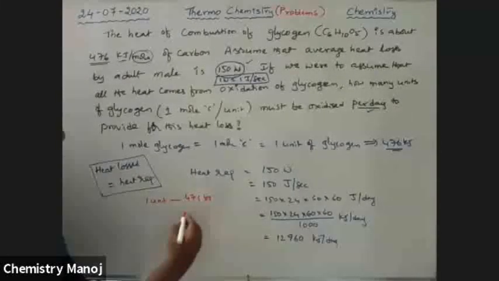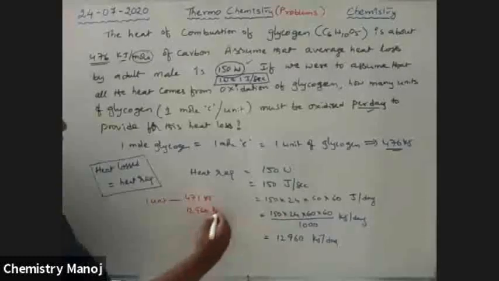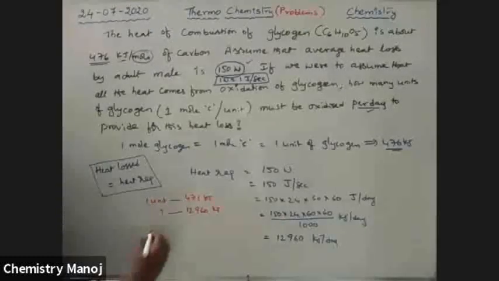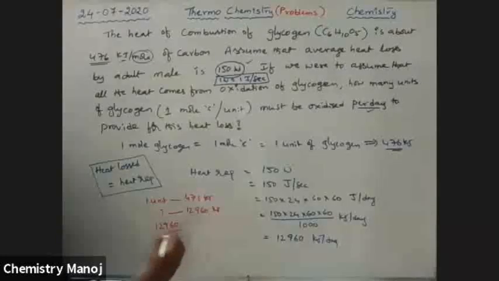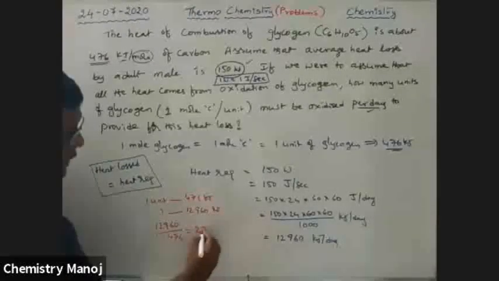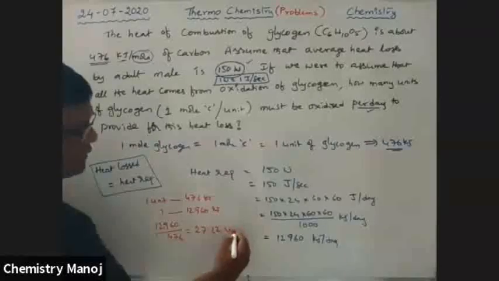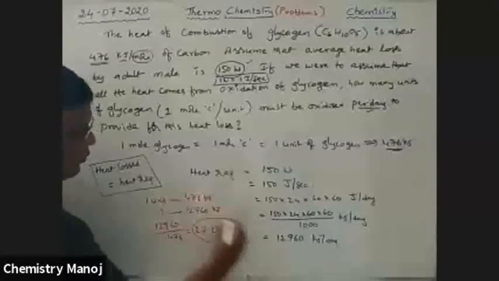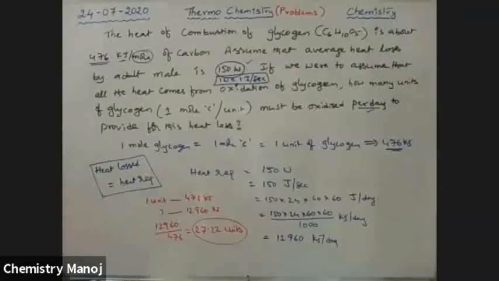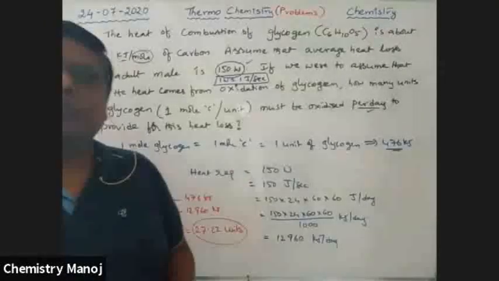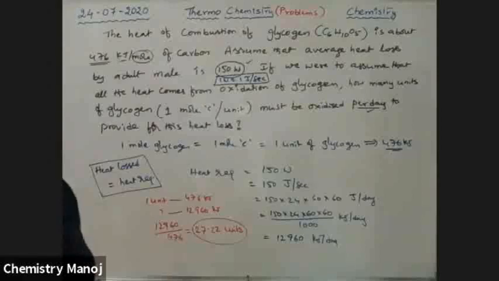So 12,960 kilojoules requires how many units? That is 12,960 by 476, which is equal to 27.22 units. This much units of glycogen is required. Yes, correct, Bhavan. So that much units of glycogen is required.